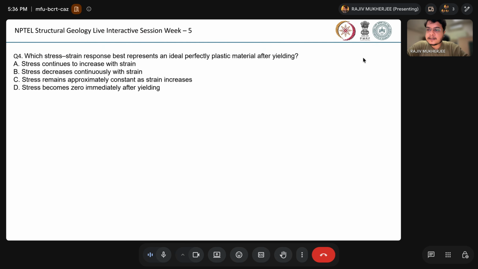These are the 4 options given for question number 4, and that's something we already discussed while solving question number 3 about the post yield response of a material, right? So we generally see 3 types of material: strain hardening, strain softening, and ideal plastic behavior, and the question is related to that. So I will let you think for some time and then we will solve this question.